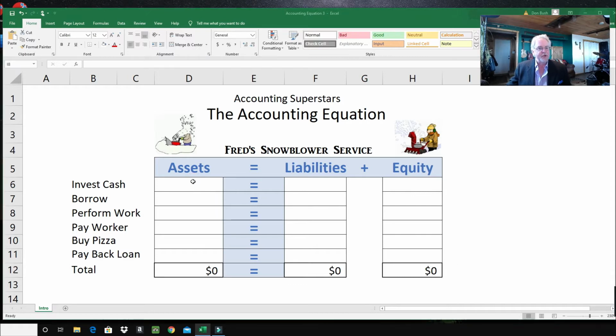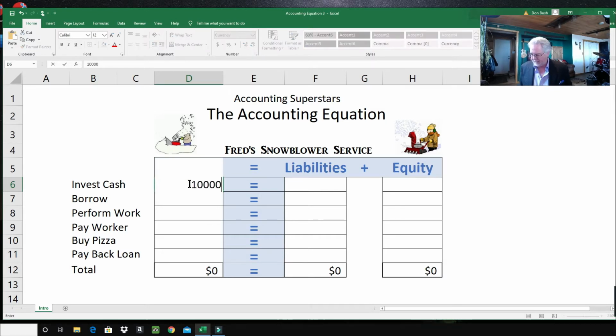So here's what we have. Let's say Fred wants to invest $10,000 into his business. Fred has this money in his savings account and he's been waiting to use it to start this business. So let's put down $10,000. Now we have to make this accounting equation balance. Now Fred doesn't owe this $10,000 to anyone. It's Fred's money and he's putting it in the business.